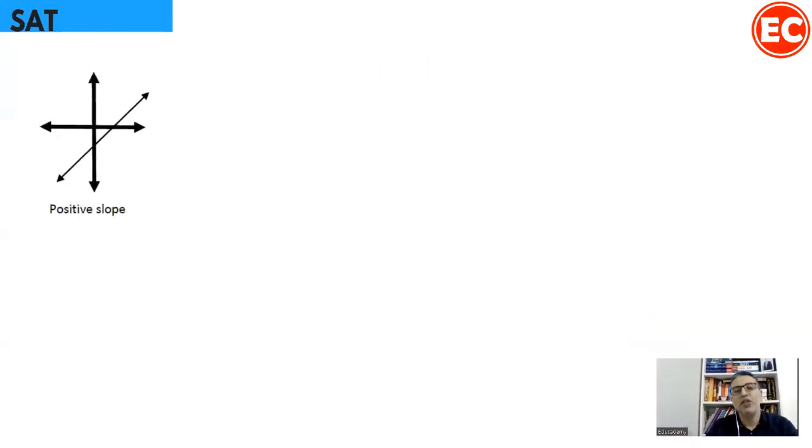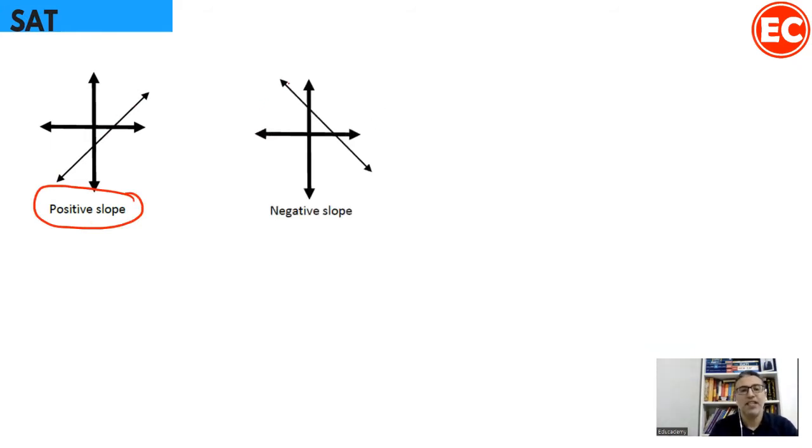Let me remind you that we have 4 kinds of slope. If the straight line is rising from left to right, rising up, the slope is positive. But if the straight line is moving down from left to right, the slope is a negative value.